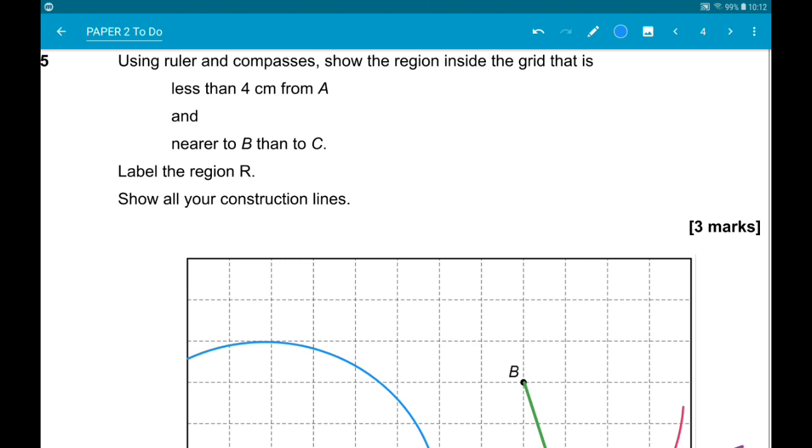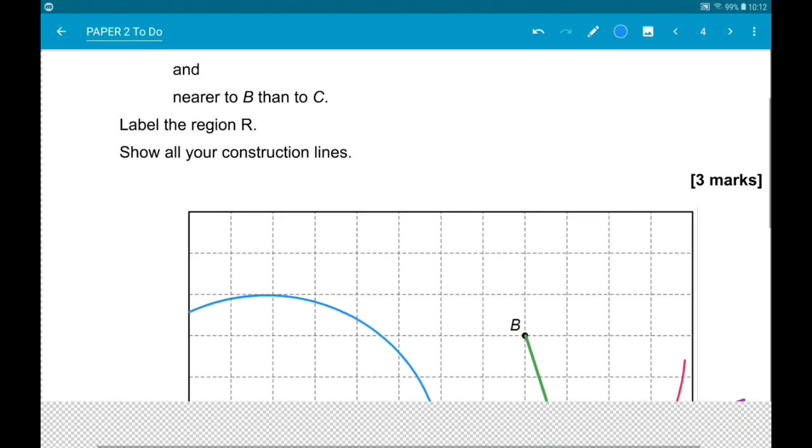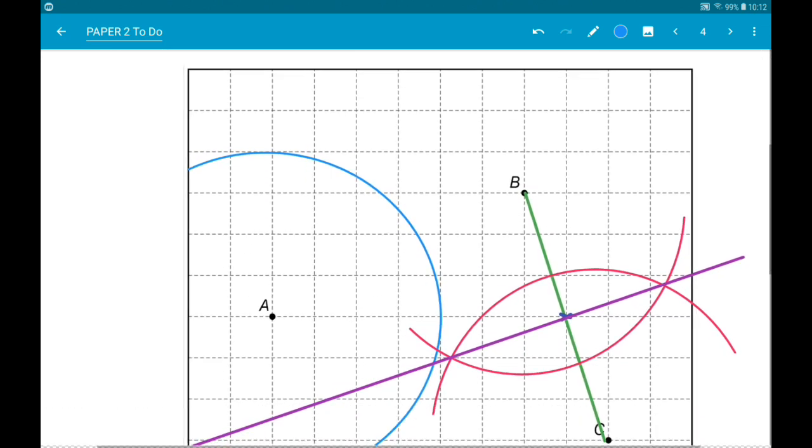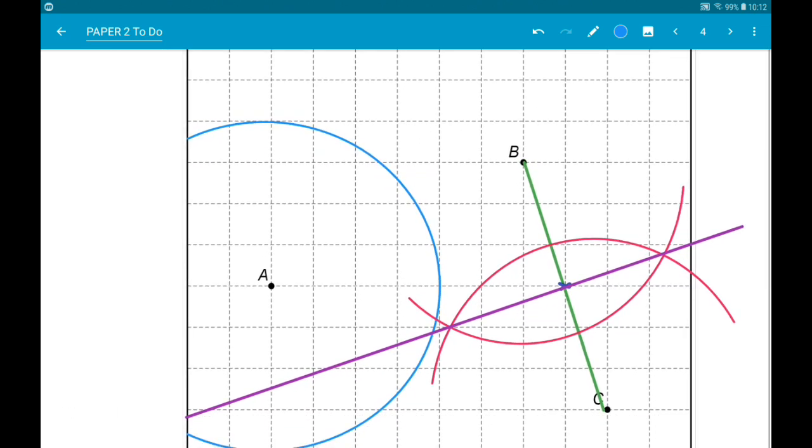Okay, so first up, for the region less than 4 centimeters from A, you need to set your compass to 4 centimeters, put the point on A and draw the arc of the circle around A inside of the grid. So anywhere inside of that circle is less than 4 centimeters from A.